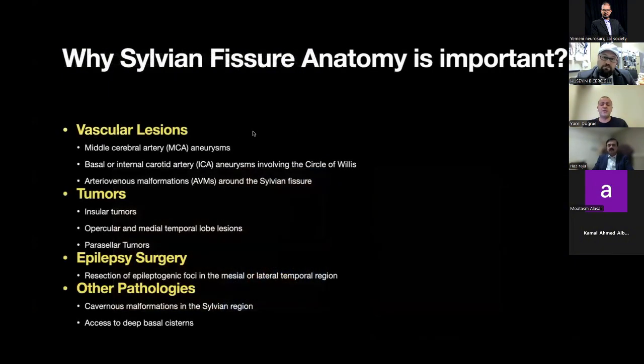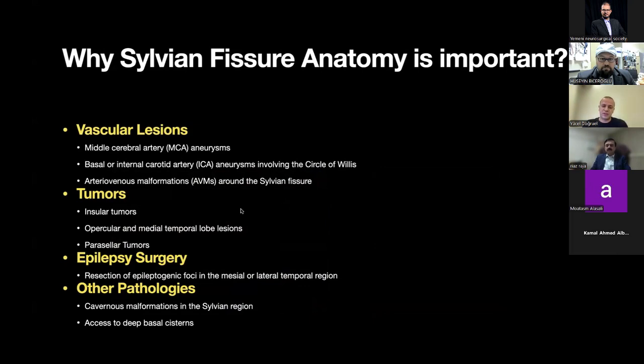Also, we should always remember Professor Yaşargil, who introduced and popularized the trans-Sylvian approach, especially in microneurosurgery and aneurysm surgery. So why is Sylvian fissure anatomy important for us? We use it for vascular lesions, especially, as I mentioned, aneurysm surgery, almost every kind of aneurysm surgery for the anterior circulation aneurysms, and to reach the circle of Willis. There are sometimes arteriovenous malformations around the Sylvian fissure.